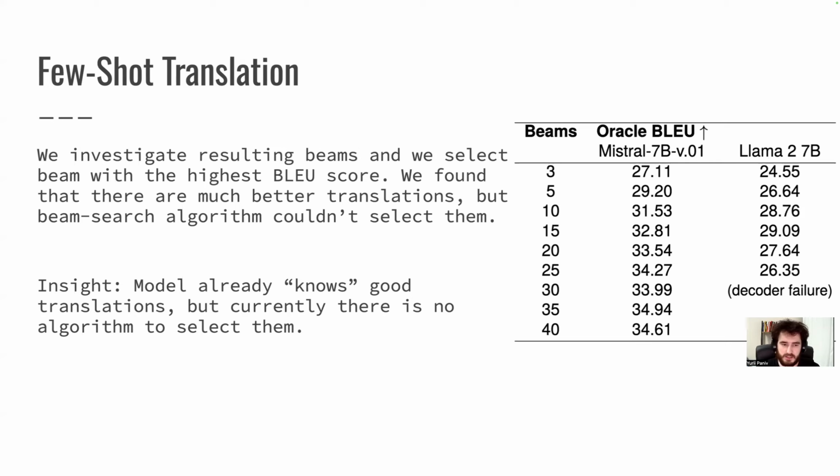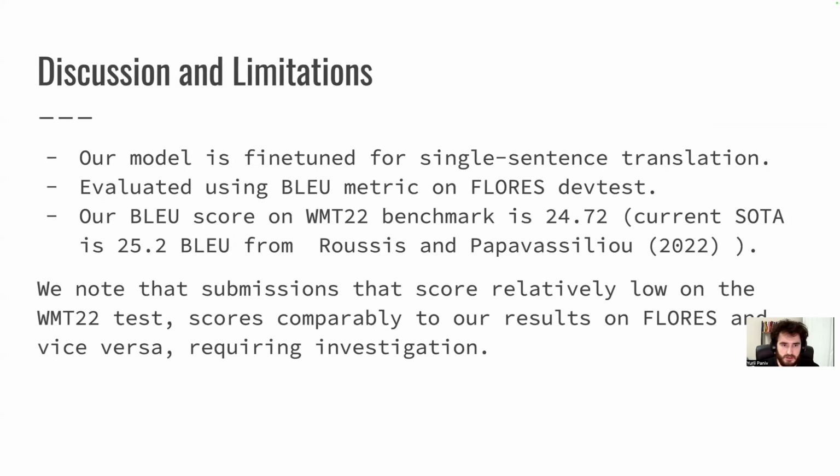We've gathered the insight that the model already knows good translations, but we need a method to extract them from that model. Regarding limitations, our model is fine-tuned only for single sentence translation.